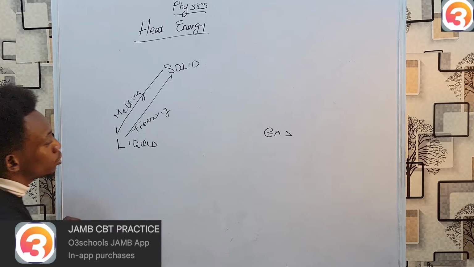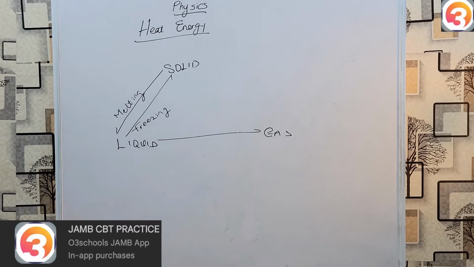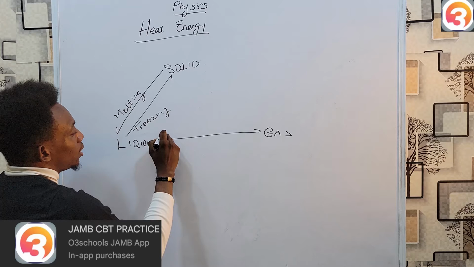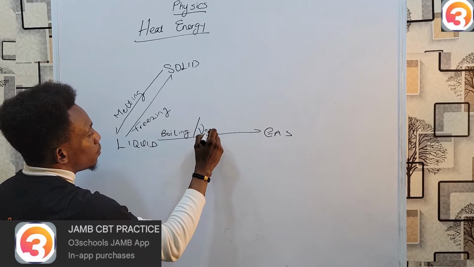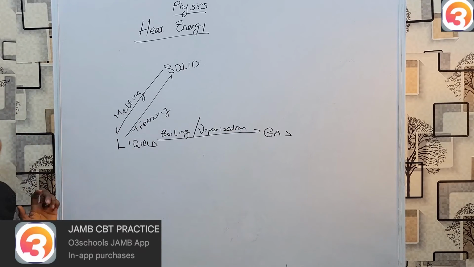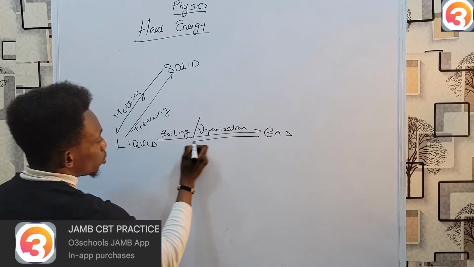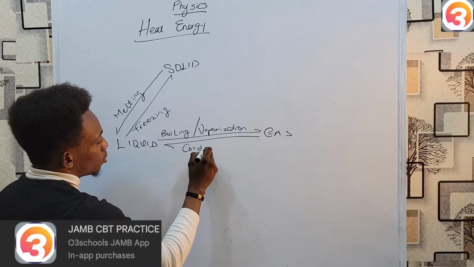On the other hand, if I'm going from a liquid and turning into a gas, that is boiling. Now, that name for boiling is vaporization. Now, some of you might be saying, what about evaporation? I shall explain that subsequently. But you should also know that gas to liquid is known as condensation.